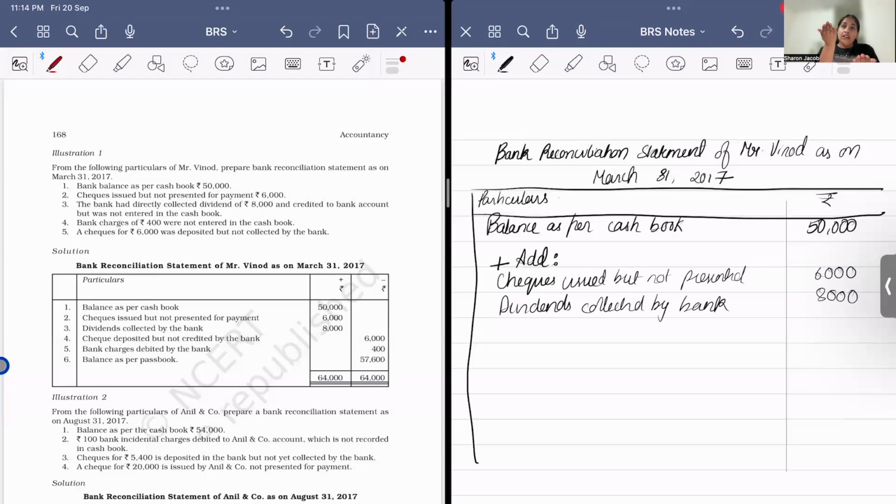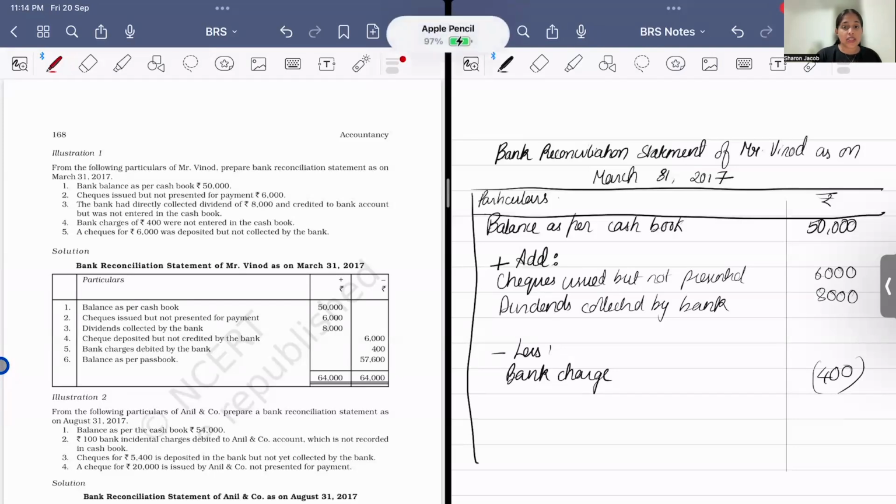Which direction should our right hand or cash book hand move? Down. So we will subtract it. So we will write less bank charges and write 400.